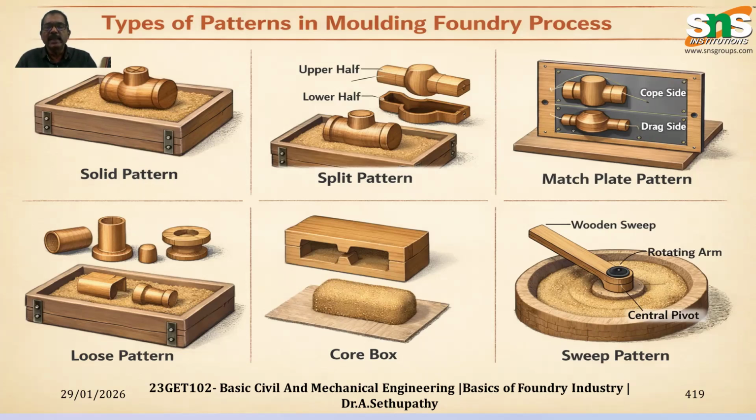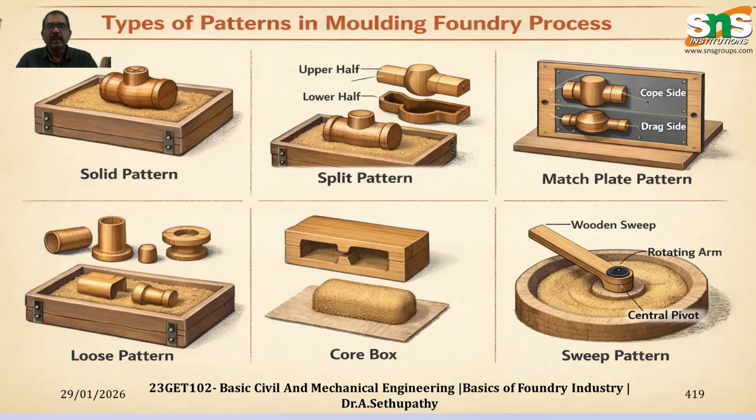Another one is the match plate pattern. On the same pattern board we fix two different component patterns, two or three or four, something more than two. This is called the match plate pattern. We use this match plate pattern for large molds, and at the same time we get different types of parts.